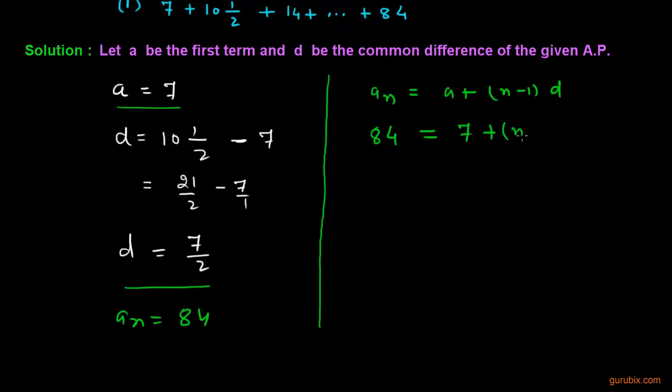We want to find out n, and we know the value of d is 7 over 2. Now we shall take this 7 to the left side of the sign of equality. This means 84 minus 7, and here remains n minus 1 into 7 over 2.